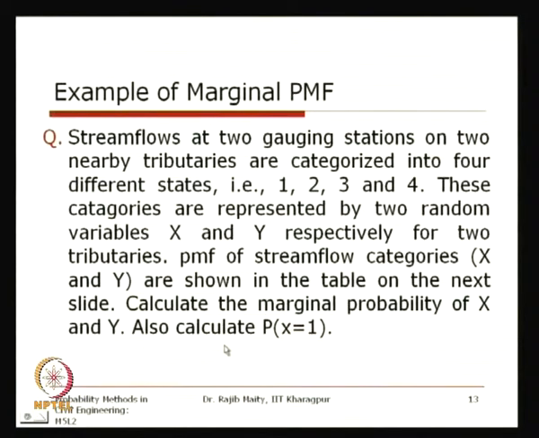Here we are looking at how to get the marginals from that joint PMF, and then from the marginal probability we have to calculate the probability x equals 1. So for the probability x equals 1, we will use the marginal distribution of x.